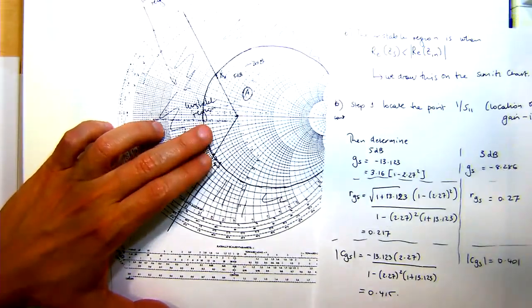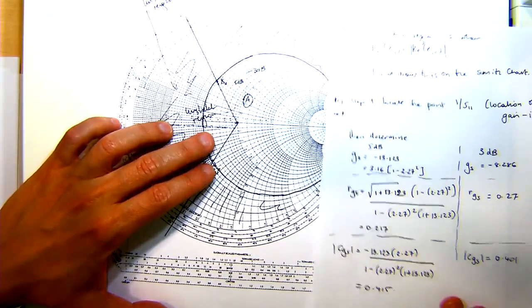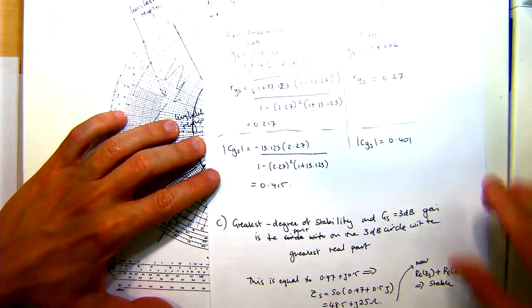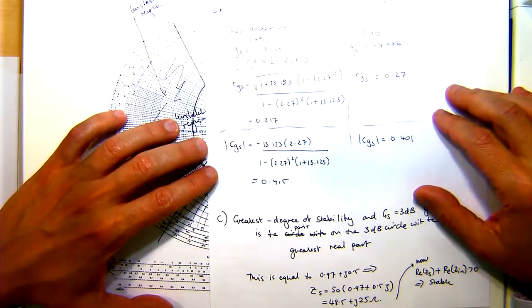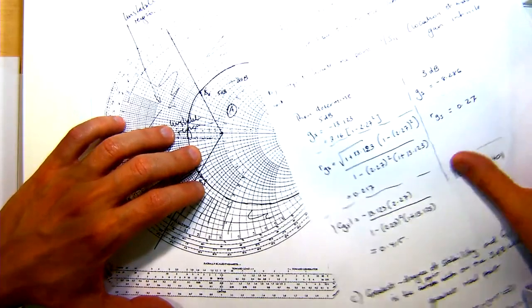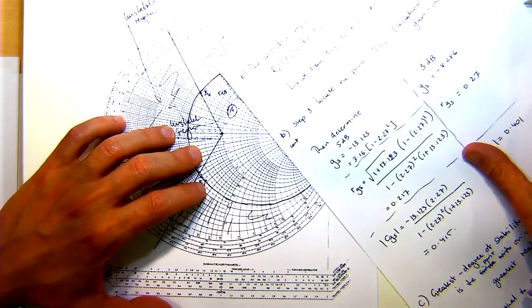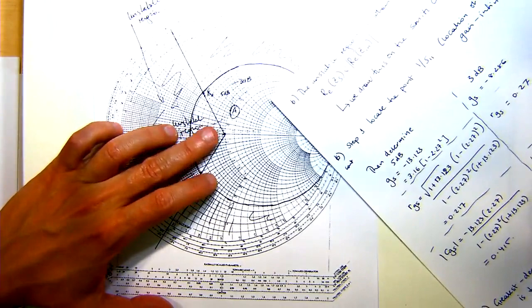It's a little bit unfair because I haven't actually gone through this, but I thought maybe you'd be able to guess it or look at it, or with a little bit of intuition. Yes? Is it the one that's closest to the center of the Smith chart? It's the one with the largest real part, right?